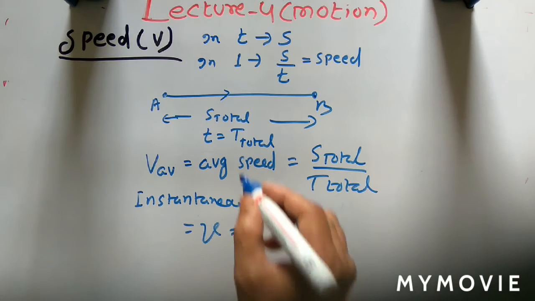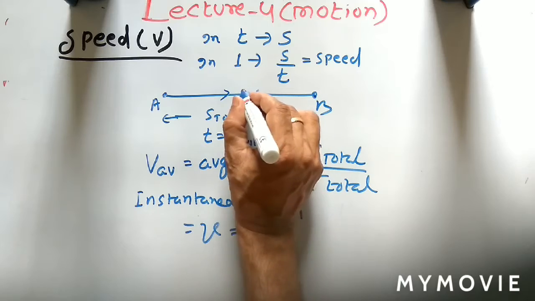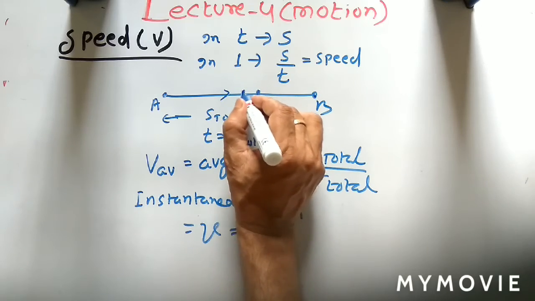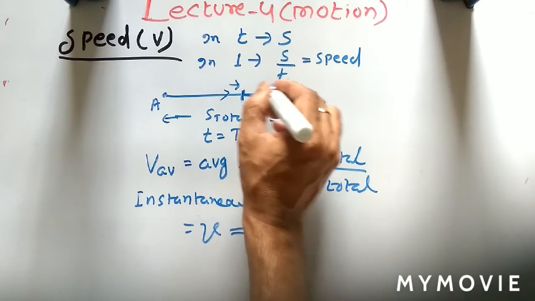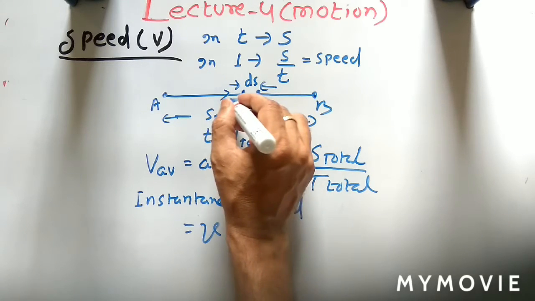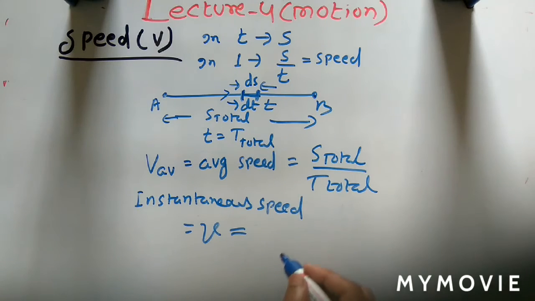If we want to find the speed at a particular instant, what will we measure? We will measure a small change in distance within a very small change in time. Let us say the distance covered by a body during a very small time interval is ds, and the very small time interval is dt.